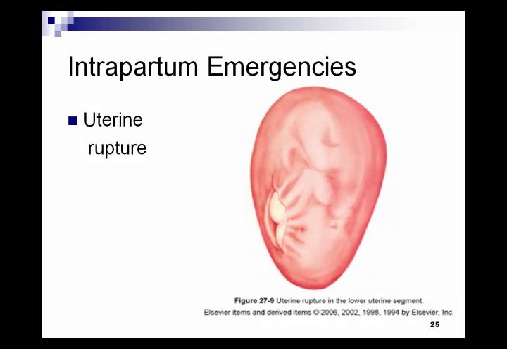Then those with a low transverse. A VBAC stands for vaginal birth after C-section. Only a low transverse can actually have that procedure. Rupture of the unscarred uterus is more likely for women of high parity, which means they've had lots of children, due to a thin uterine wall.